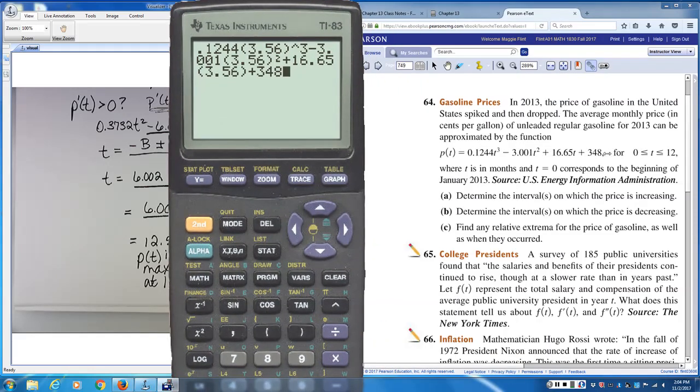And again, we're going into this equation right here. We're not really checking the other one yet because the price function is not really valid for anything bigger than 12.